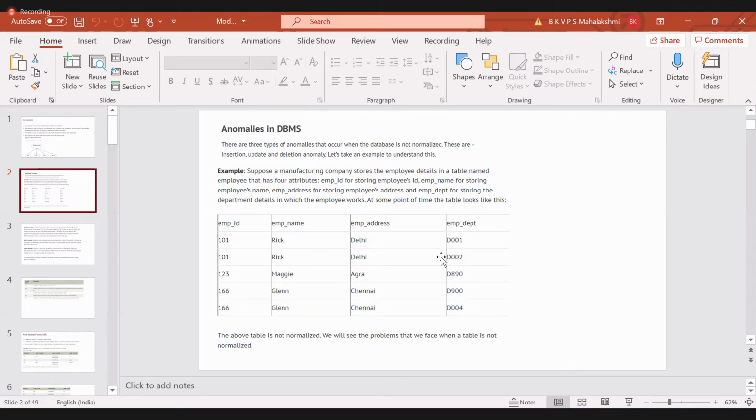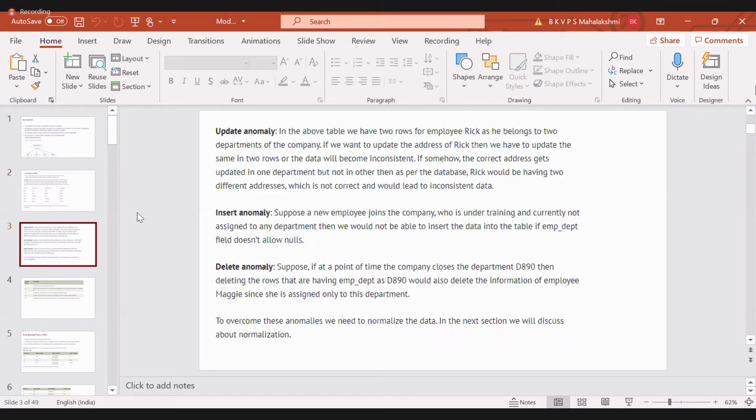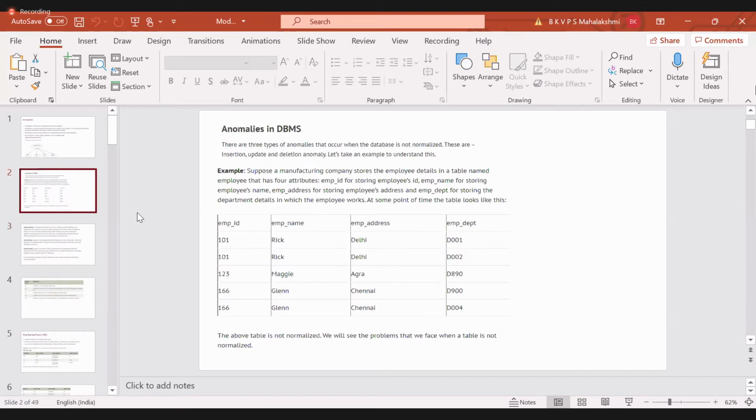I want to delete this particular data, but if I execute that query, the first two records will get deleted automatically if I give employee ID 101, because it is repeating. So these kinds of difficulties exist in the database. To avoid this, we had a concept. See, this was the explanation of what I said using this example.